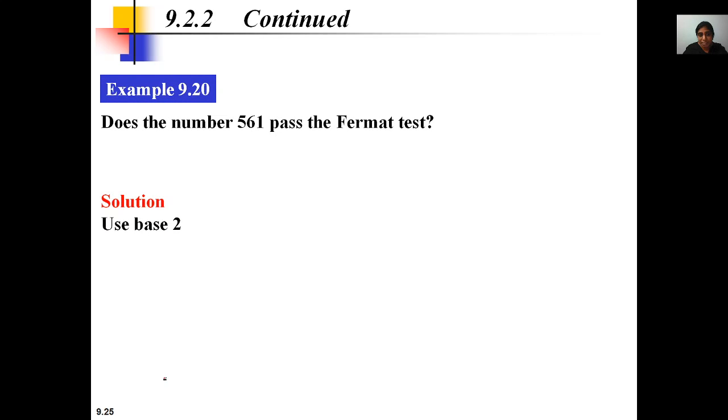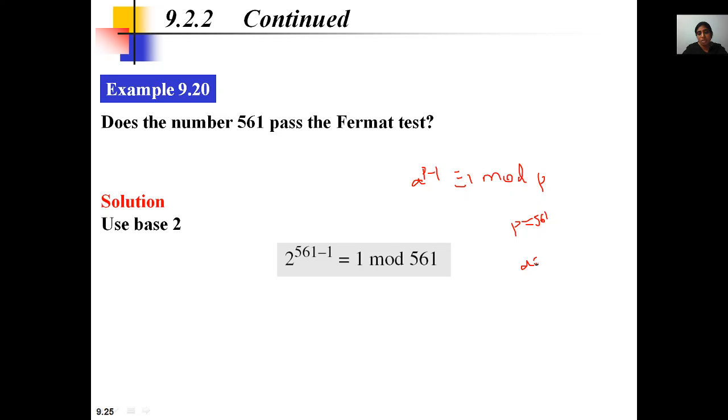Does 561 pass the Fermat test? Yes. According to the theorem, a power p minus 1 is always congruent to 1 mod p. Here the p value is 561 and the a value is 2.